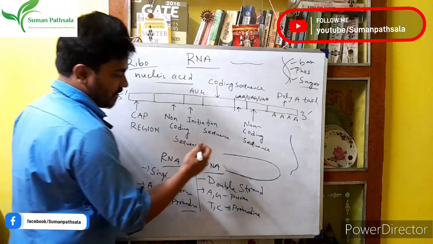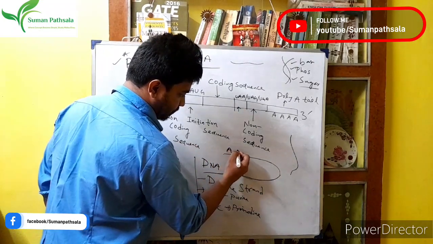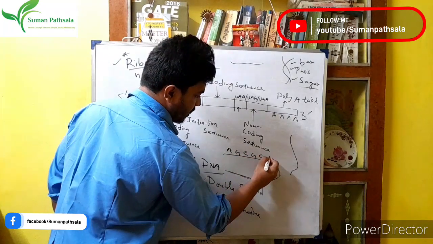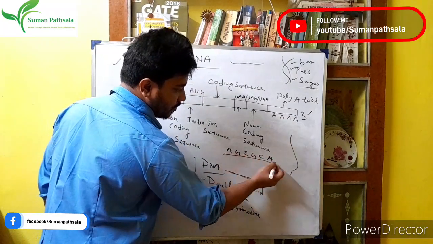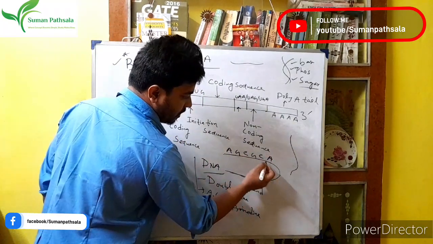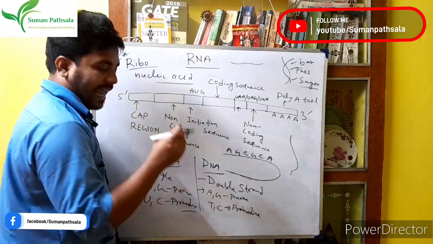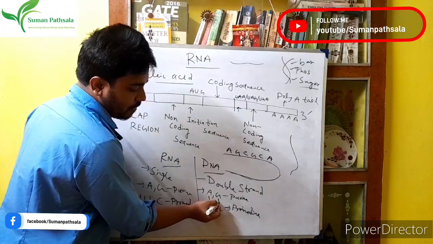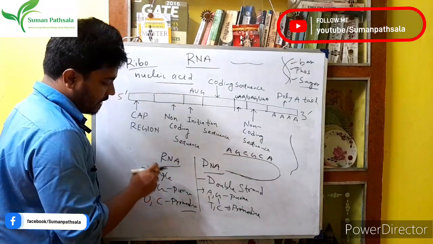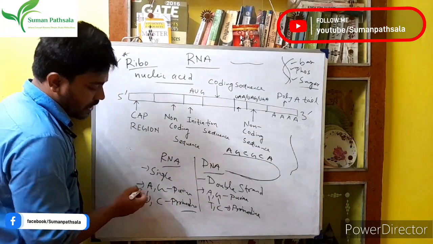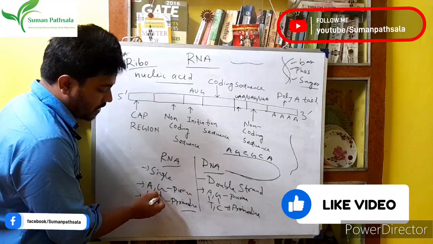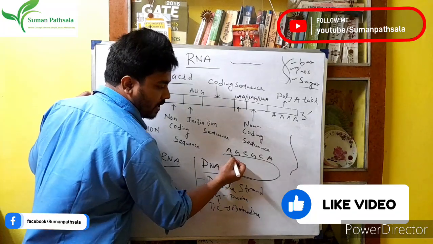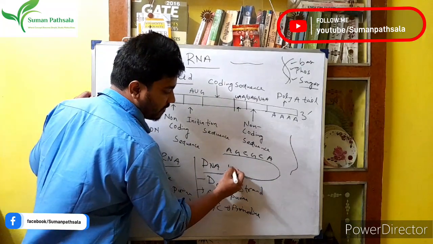So how does it look? Suppose this sequence is A G C G C A. In the opposite strand, in case of DNA, adenine binds with thymine and guanine binds with cytosine. But in case of RNA, adenine binds with uracil and guanine binds with cytosine, same like DNA. So if adenine is present in one strand, the opposite sequence has uracil.